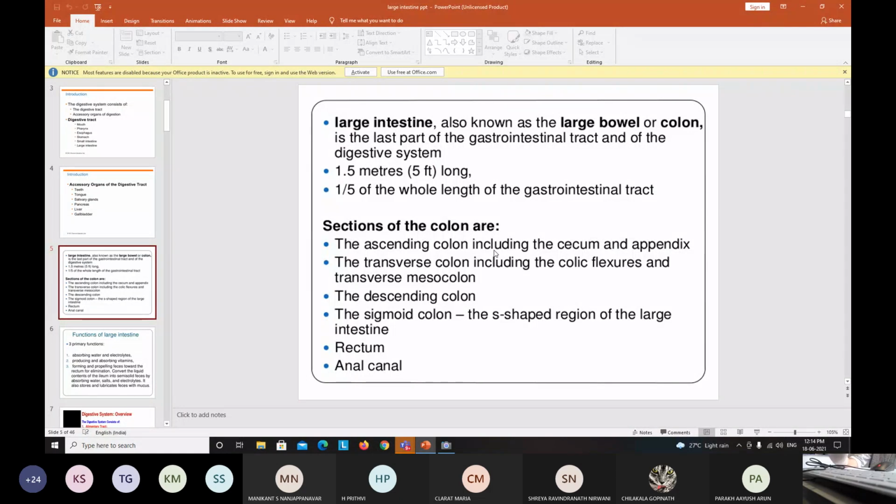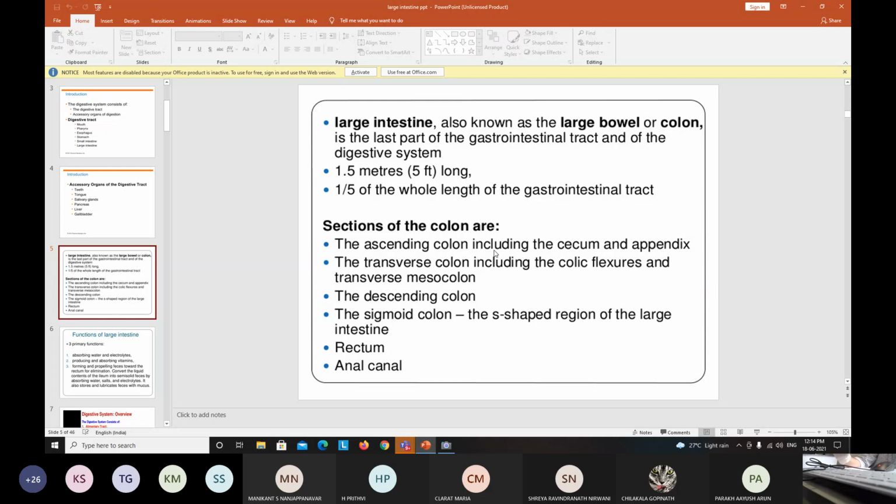It is a pouch, a sac. After the cecum comes the ascending colon. I will show the diagram. Then there is a turn, the right colic flexure. Next is the transverse colon.